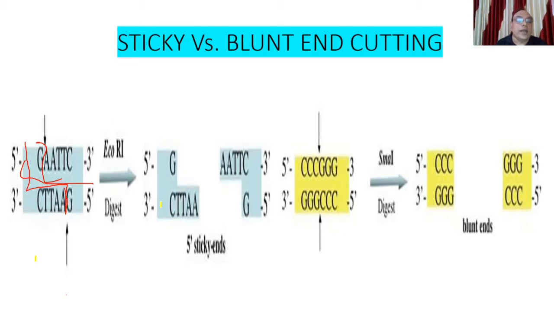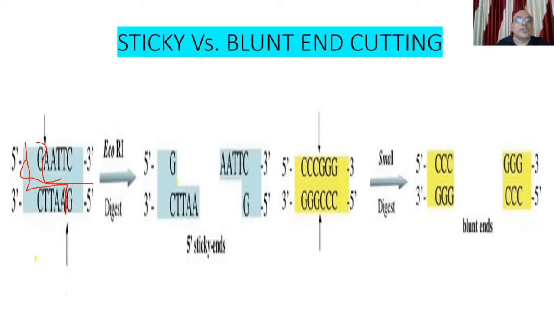So this end is sticky for the purpose that when it encounters a complementary sequence of nucleotides, it will automatically pair with those nucleotides. So when another segment from another animal has been cut by the same restriction endonuclease, they will also exhibit an end complementary to this end, and both these ends will anneal together.